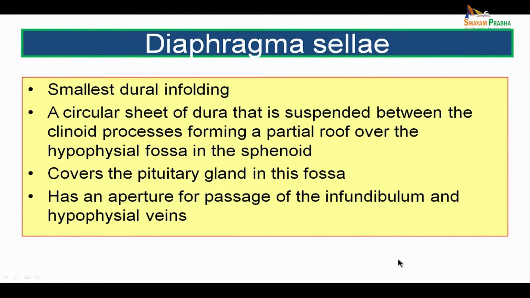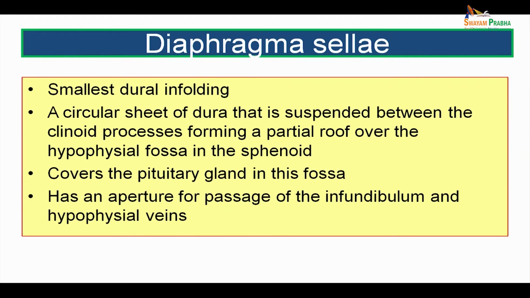Then we go on to the fourth dural infold, which is the diaphragma sellae. This is the smallest of the dural infoldings. A circular sheet of dura that is suspended between the clinoid processes, forming a partial roof over the hypophyseal fossa of the sphenoid bone.